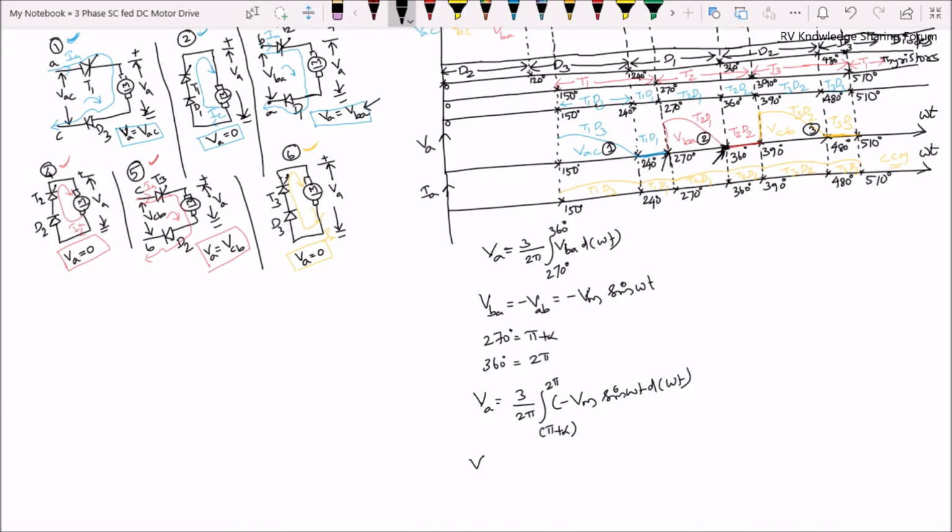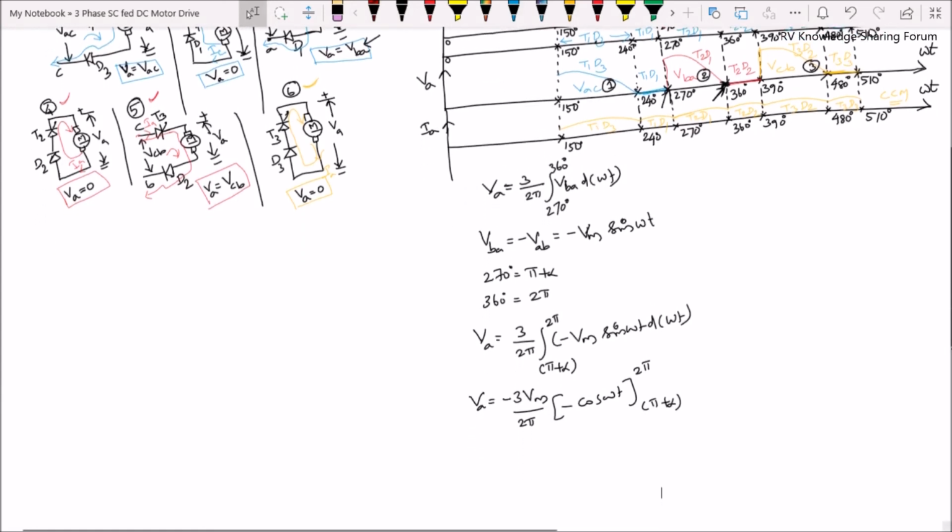Now VA is equal to minus 3, taking Vm as constant outside, by 2 pi. Integration of sine omega t is nothing but minus cos omega t, and the lower limit is pi plus alpha and the upper limit is 2 pi.